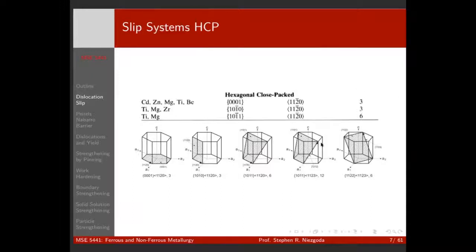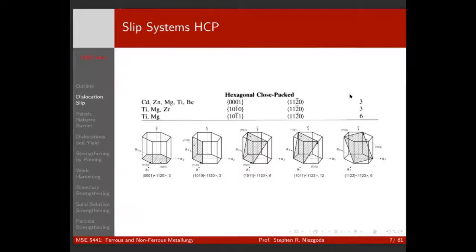So compared to BCC or FCC, there's a lot more anisotropy. It's much more difficult to activate C plus A slip than it is to activate any of the A systems, right? So it takes a lot more force, or I need a much higher temperature.